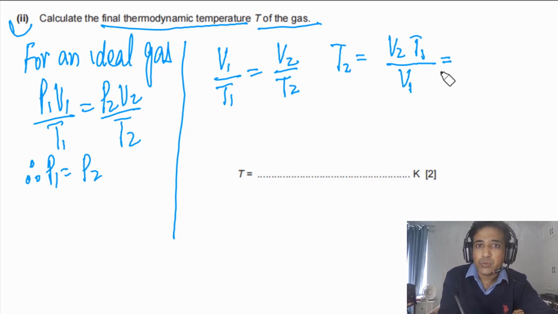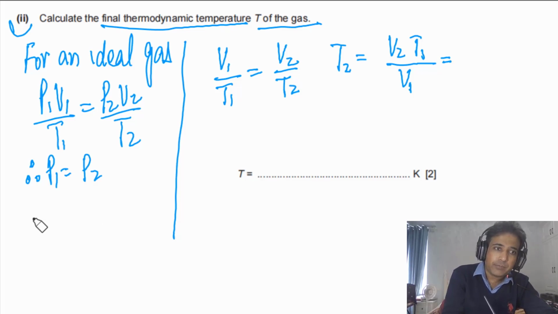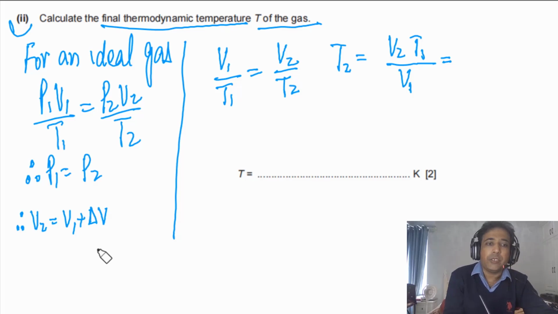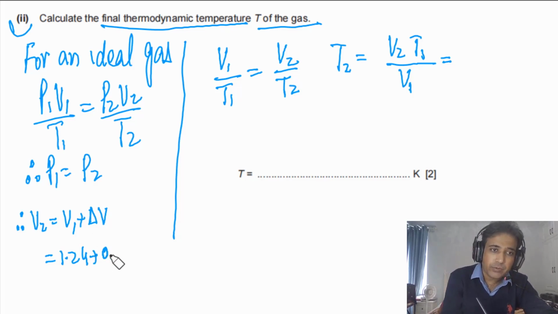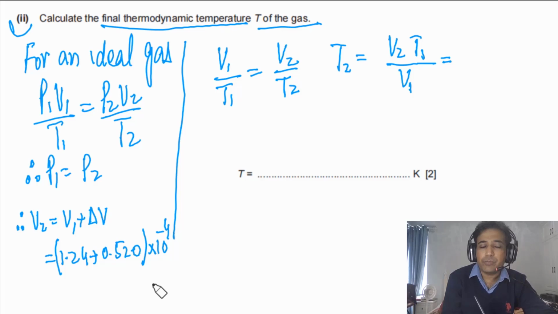And value of V2, let me explain you here, this has to be equal to V1 plus increase in volume. Value of V1 we have, that was equal to 1.24, and the increase in volume we have, that was equal to 0.520, actually this is multiplied by 10 to minus 4.